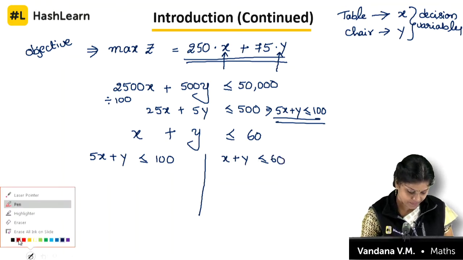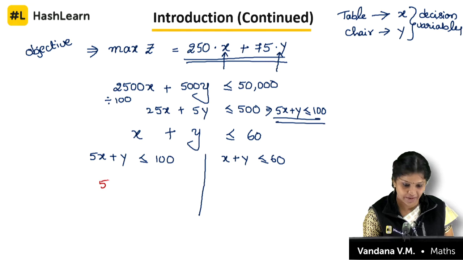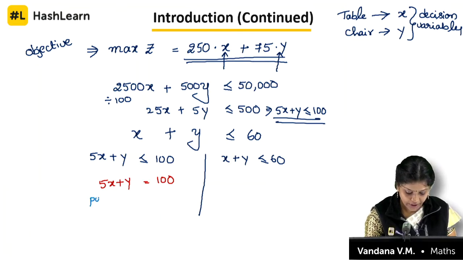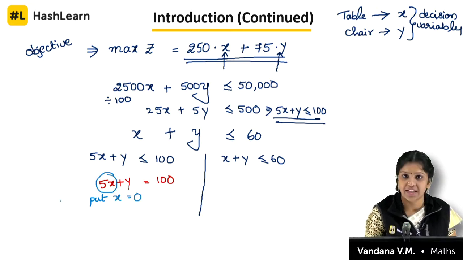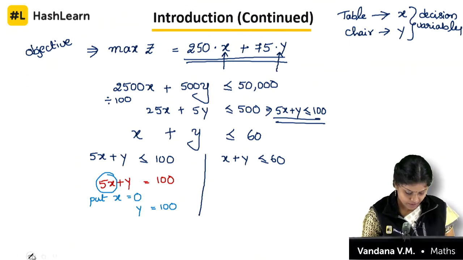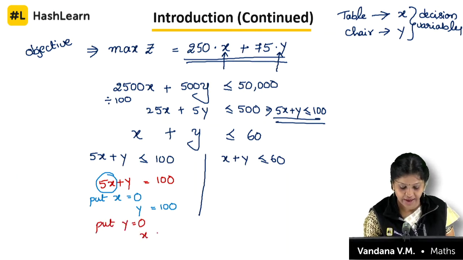Everywhere the same steps. The first step is 5x plus y is equal to 100. The second step is put x equal to 0. If I keep x as 0, y becomes 100. The next step is put y equal to 0, then x becomes 20.